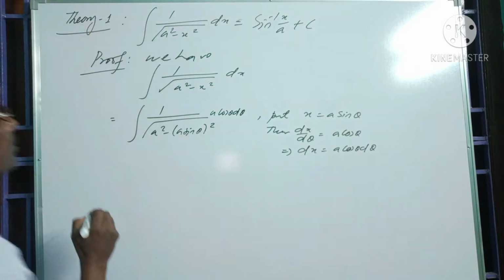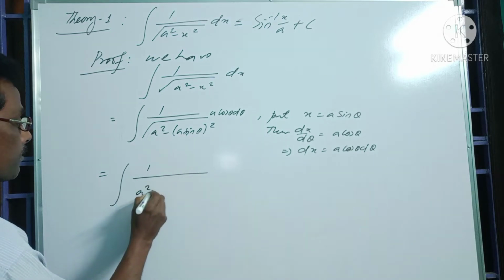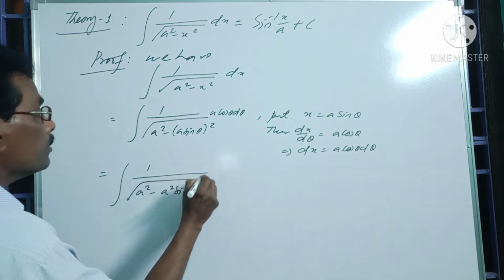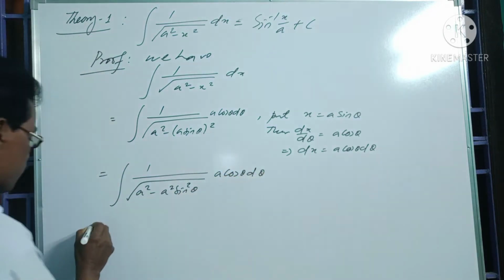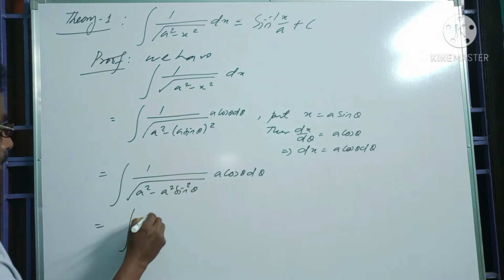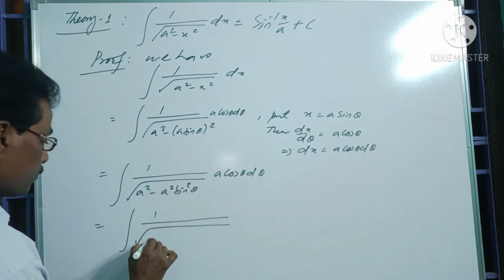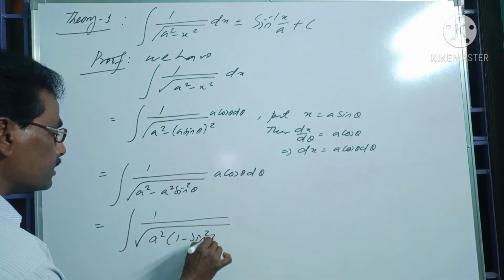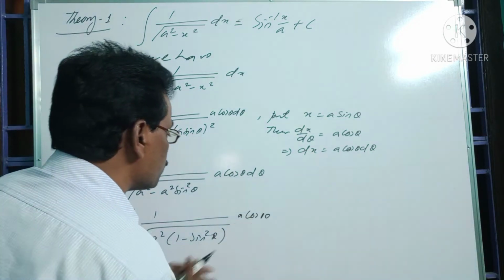So now simplifying, we have integration of 1 by root of a square minus a square into sin square theta, into a into cos theta d theta. So again simplifying, taking a square common out of the root, we have integration of 1 by root over of a square into 1 minus sin square theta, a into cos theta with respect to theta.